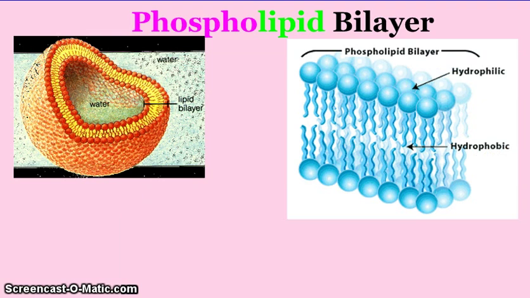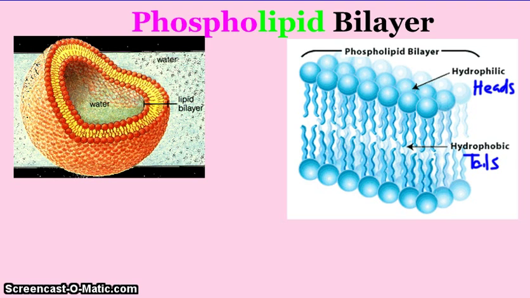And today we're going to talk about some of that complexity and what those structures can do for the cell membrane. First of all, I want to talk about the phospholipid bilayer. The phospholipid bilayer is the primary structure of the cell membrane. Everything else, all of those other pieces, are embedded into the phospholipid bilayer. It's composed of 2 parts: we have hydrophilic heads, and we have hydrophobic tails.